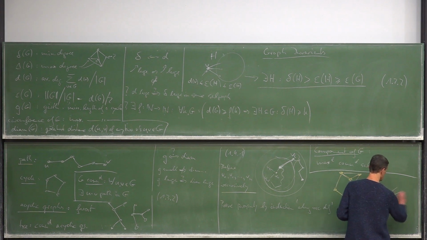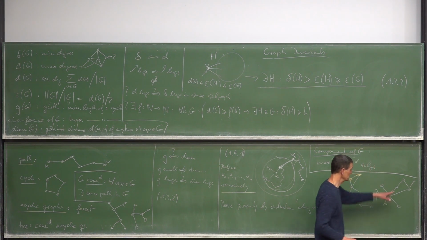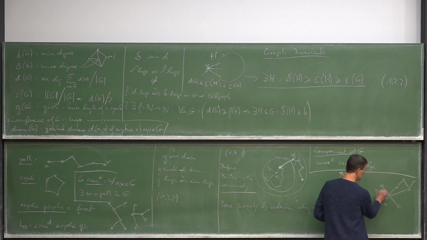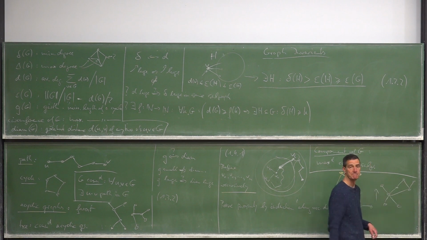So in the usual drawing for partially ordered sets, higher on the board means bigger. This is bigger than that. By transitivity, this is also bigger than that. And this is also bigger than that. This is bigger than this and this and this, and also than that, but this is not bigger than that.